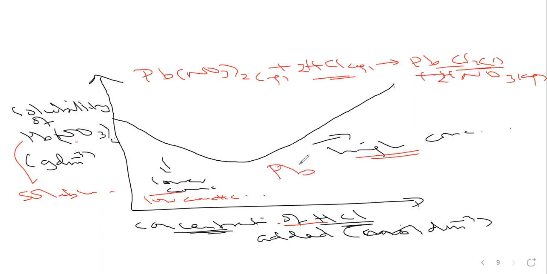because this reaction is now taking place. The lead 2 ions are reacting with the chloride ions now to form this complex. So here complex ion formation comes into play.